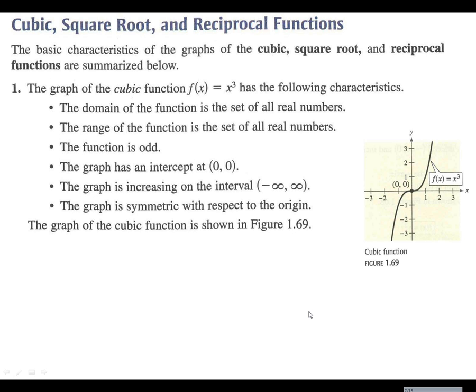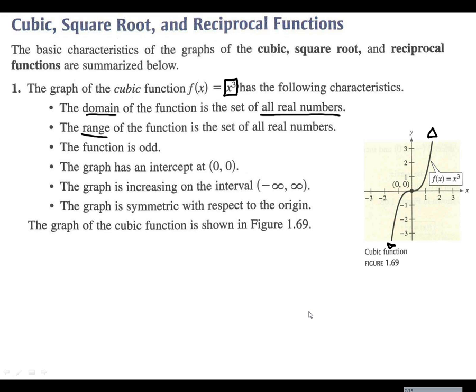Cube function is very similar, except instead of x squared, we are talking about x cubed. It's going to start low at negative infinity and take off and go to positive infinity. We can plug in any x number we want and we will get out every possible y number if we plug in the proper x number. So domain and range, all real numbers.